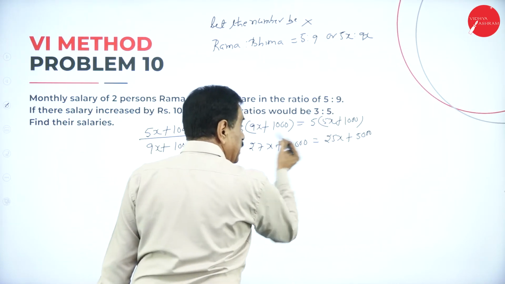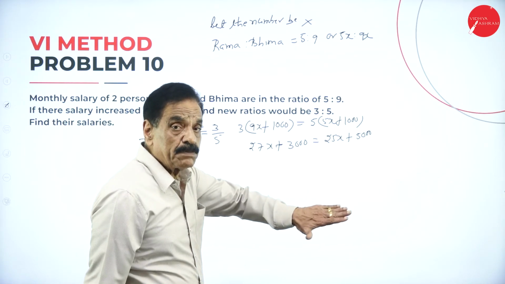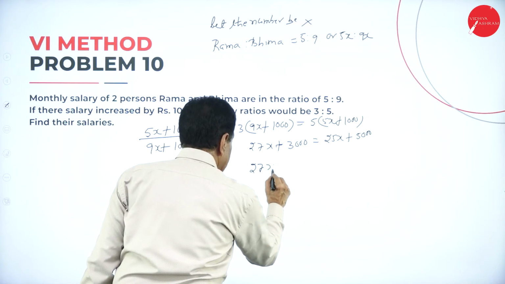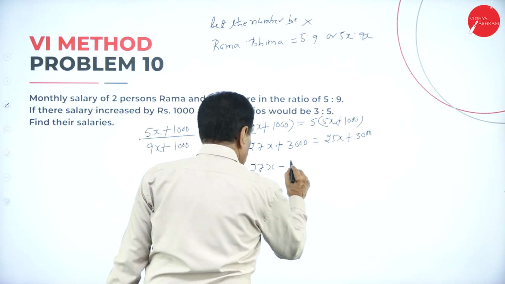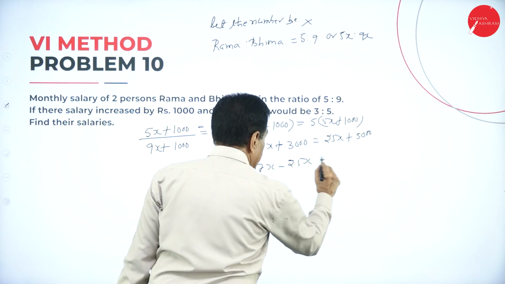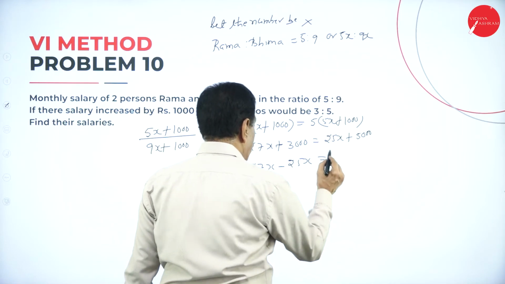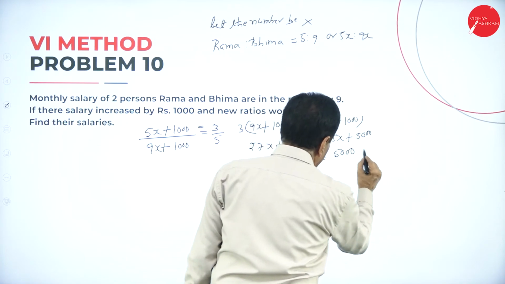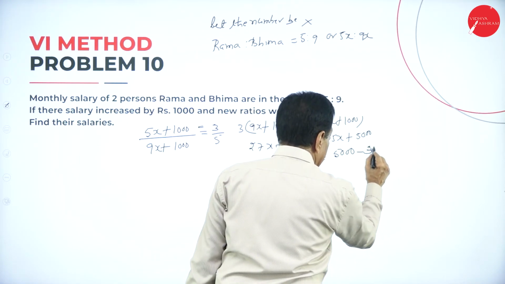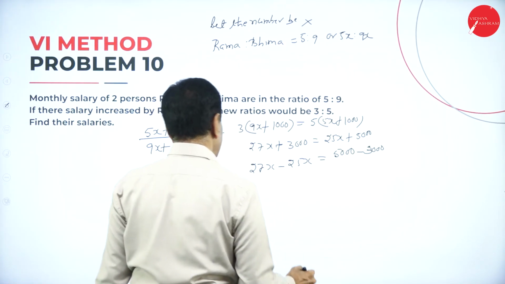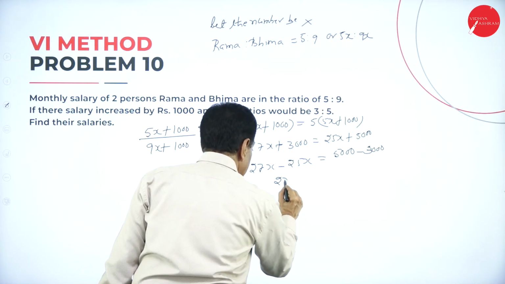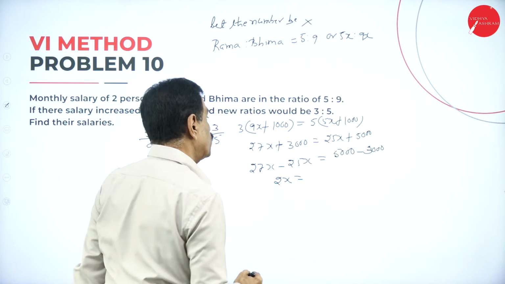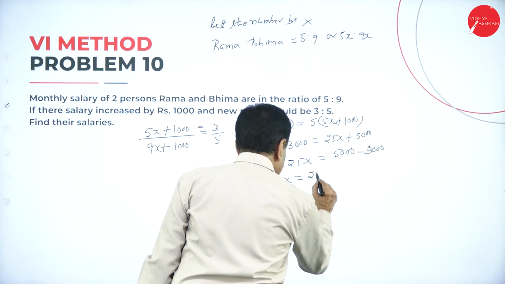You take the x this side, plus x becomes minus x. 27x minus 25x is equal to 5,000, minus 3,000. This is 2x. 5,000 minus 3,000 is 2,000.